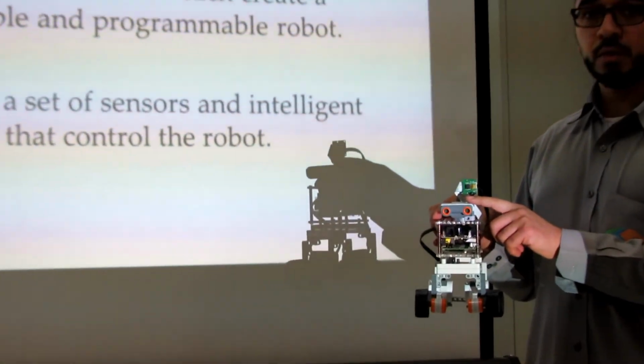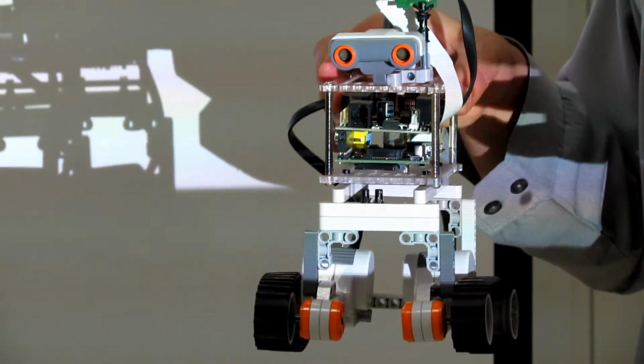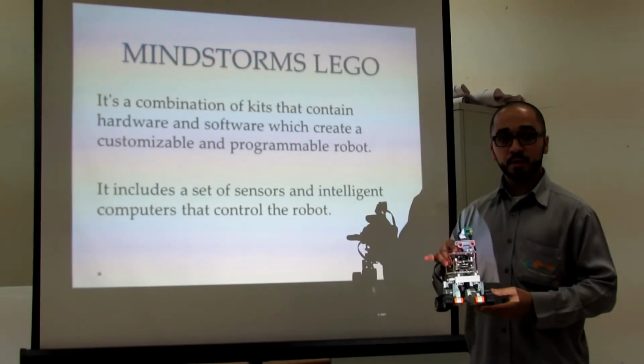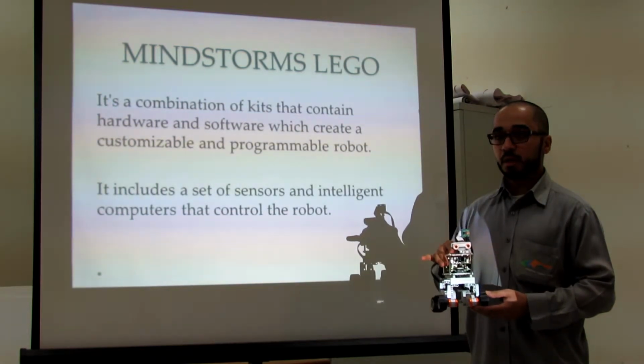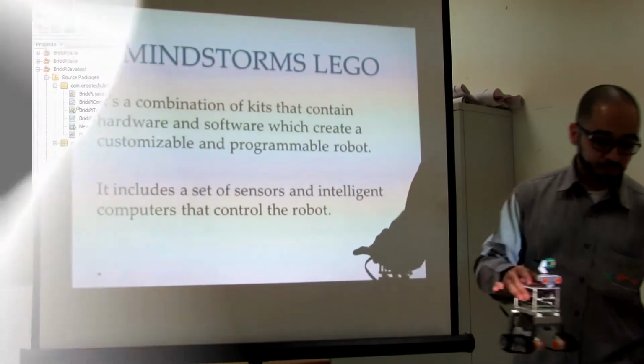This ultrasonic sensor detects the obstacles, and we can avoid them with this robot by using the Java language. We'll see now how the code works.